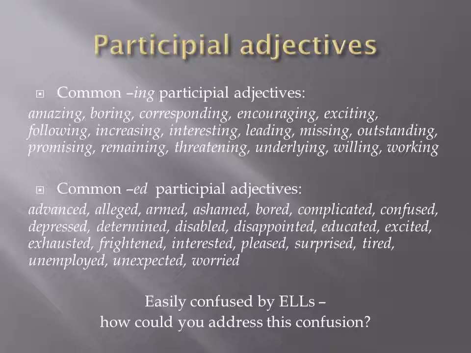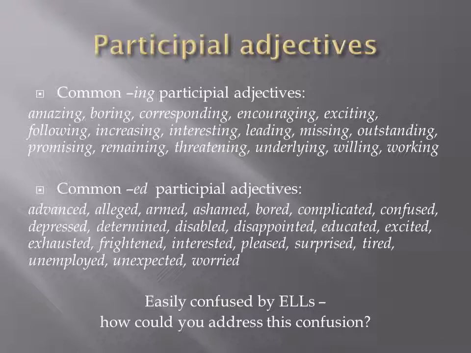One of the things that I've certainly noticed is that depending on how you introduce these things, and that's why it's important to think about that, it can be very easily confused by ELLs, by non-native speakers of English. So that you might say, if you're describing a movie, you can say, I was boring, or the movie was bored. Because if you teach these things too closely together, I think it's easy for the students to start to confuse the two.